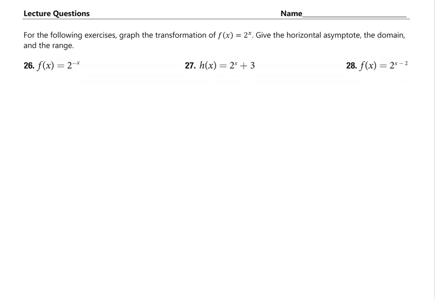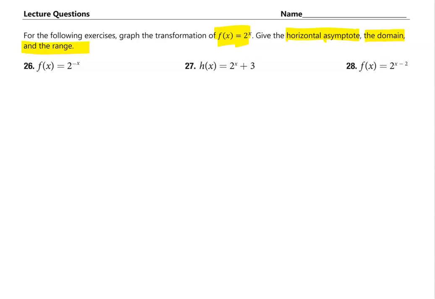Okay, and the last page is about some lecture questions. For the following exercises, graph the transformations of f of x equal to 2 raised to x. Give the horizontal asymptote, the domain, and the range.